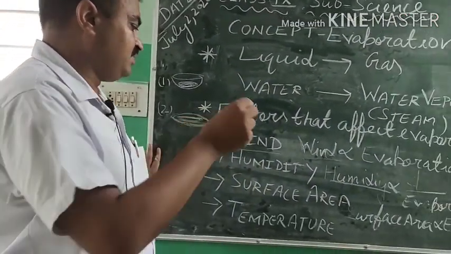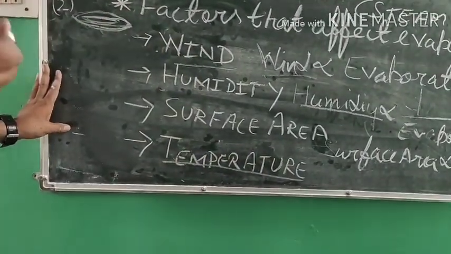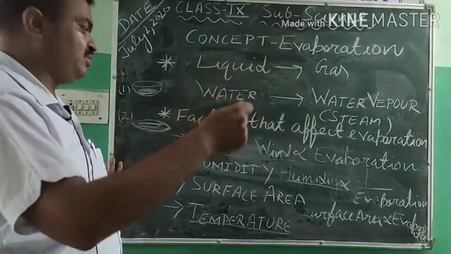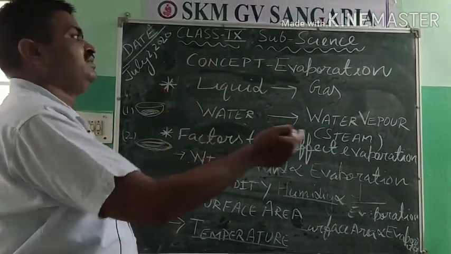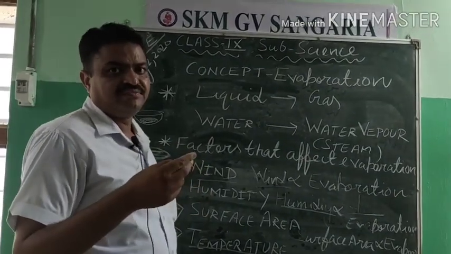After that, the most important factor on which evaporation depends is temperature. If we increase the temperature, then the speed of the evaporation is increased. If we decrease it, then the speed of the evaporation is decreased.